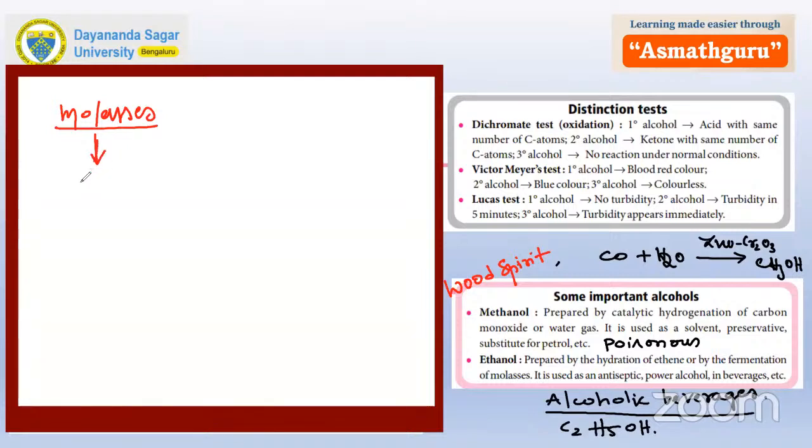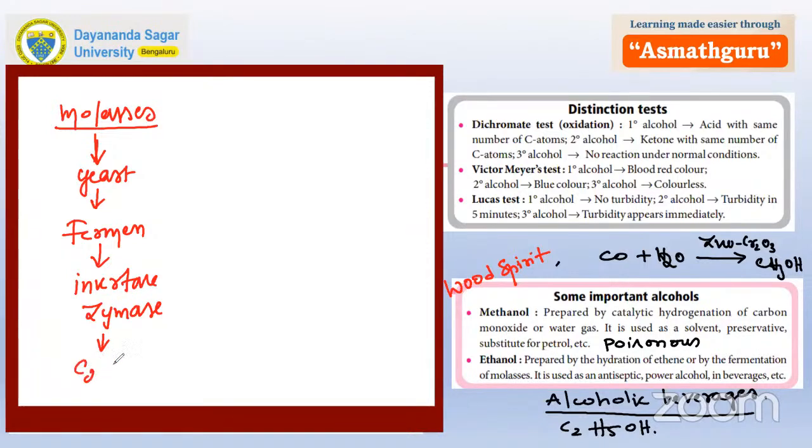We have to add yeast to this molasses, and the fermentation will start. When the fermentation starts, the yeast secretes two enzymes, invertase and zymase. These two enzymes convert the sucrose into ethyl alcohol.